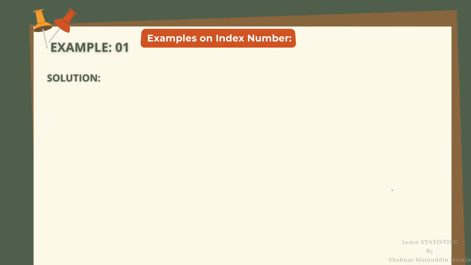Now we shall start the calculation. The simple aggregative index number is P01 is equal to summation P1 divided by summation P0 into 100.